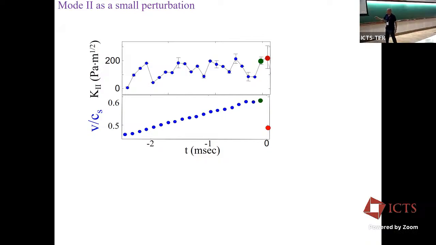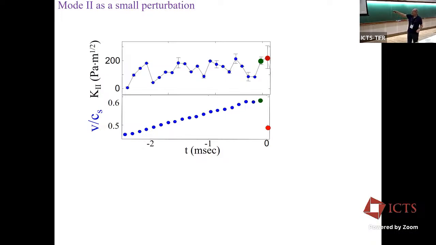This is an experiment where the velocity is increasing. This is the point right before the bifurcation to microbranching. This is the point right after the bifurcation for microbranching. And this is our signal. As you can guess, this was kind of a disappointment because there was nothing special here.